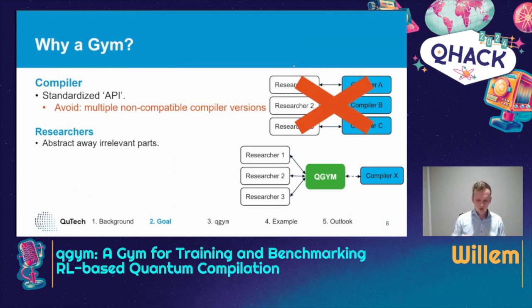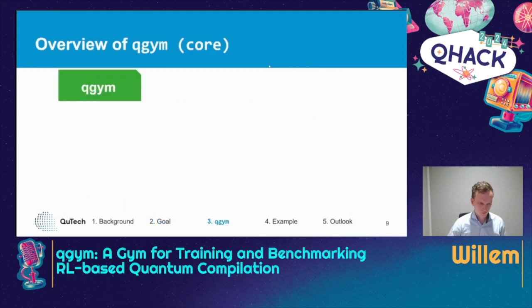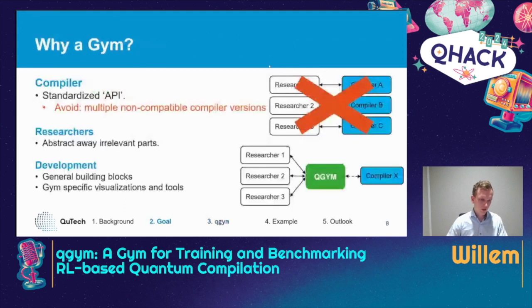So you can incorporate it in a compiler which you would like to work with. And the development, how we have done it is, it consists of general building blocks, so it's easy to add extra components, and consists of some visualizations and tools that make it easier to work with it.